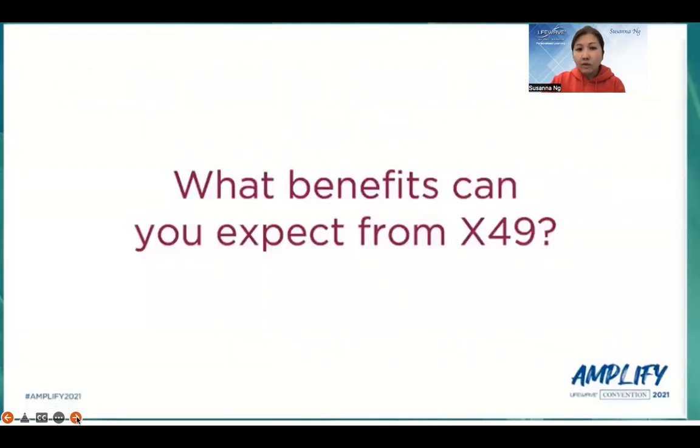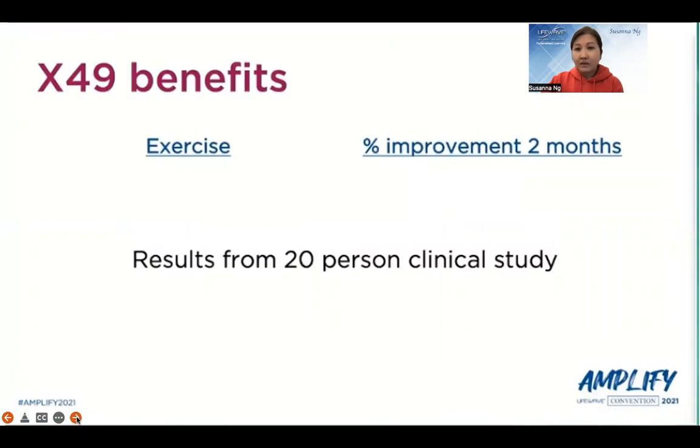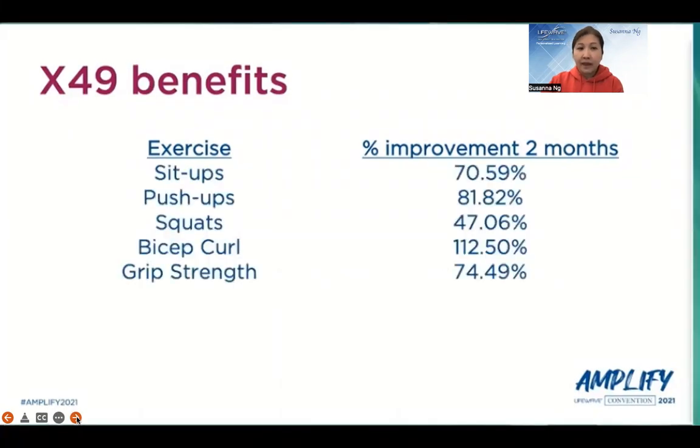And what benefits can you expect from X49? So let us see this result from a 420-person clinical study within 2 months. The sit-up percentage improved, increased 70.59%. For the push-up, they increased 81.82%.